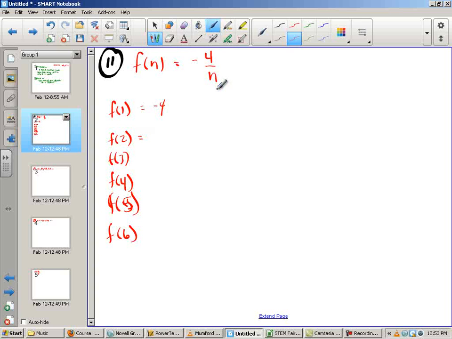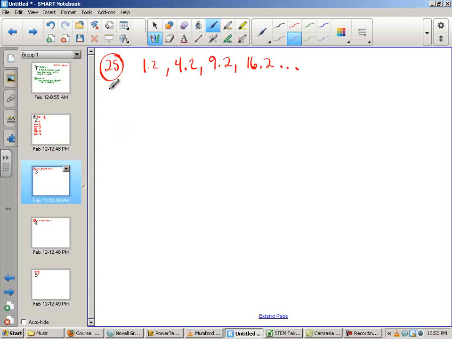If I put 2 in here, negative 4 over 2, it's negative 2. Negative 4 over 3 doesn't reduce. Negative 4 over 4 is negative 1. Negative 4 over 5 does not reduce. And negative 4 over 6 is negative 2/3. And there we are. It's pretty straightforward. First section, just plug them in.